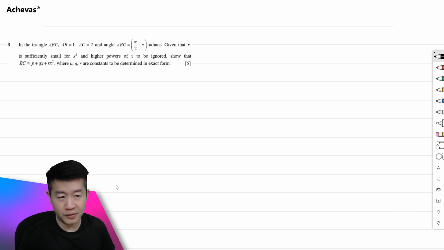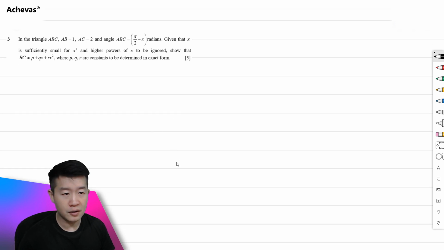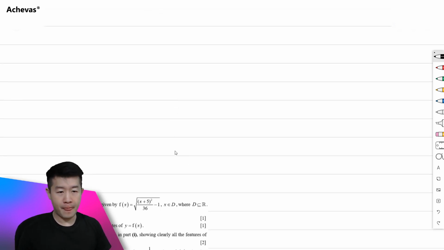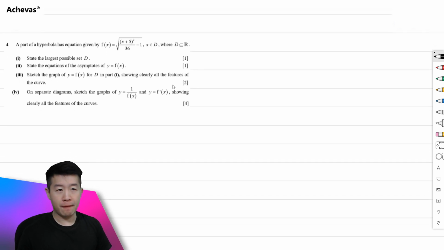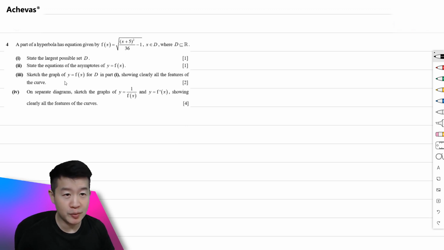Let's see question number 4. Okay, it is a conics question since they mentioned hyperbola, and we are also going to be looking at it as a graphical transformation question.